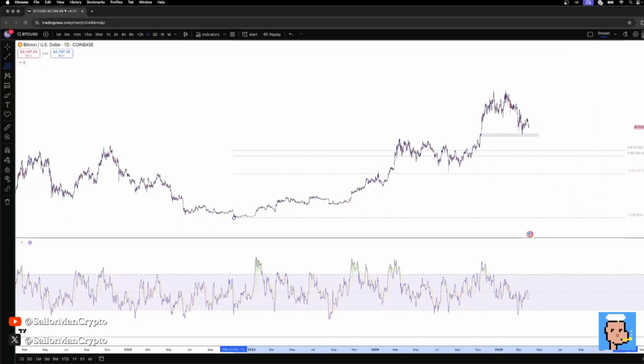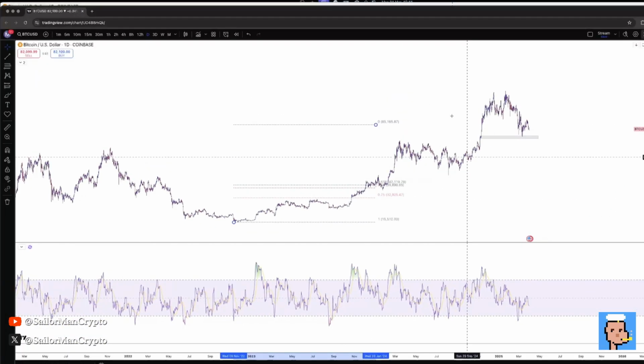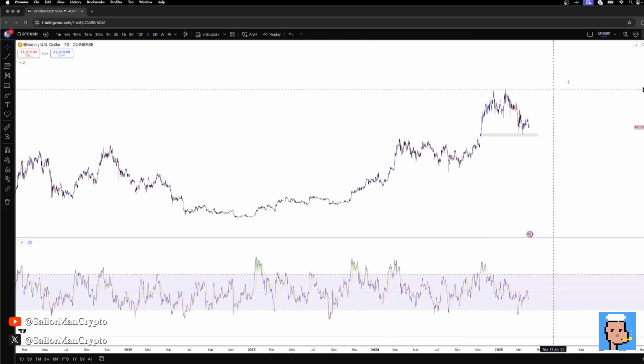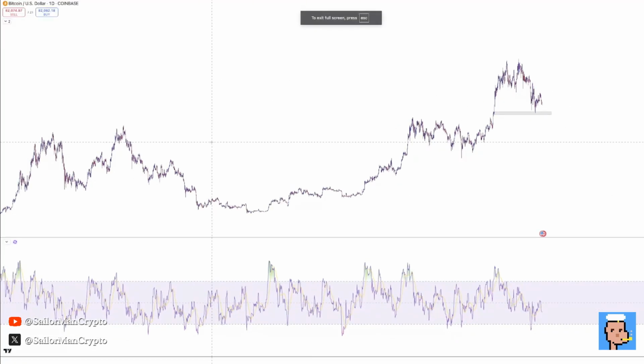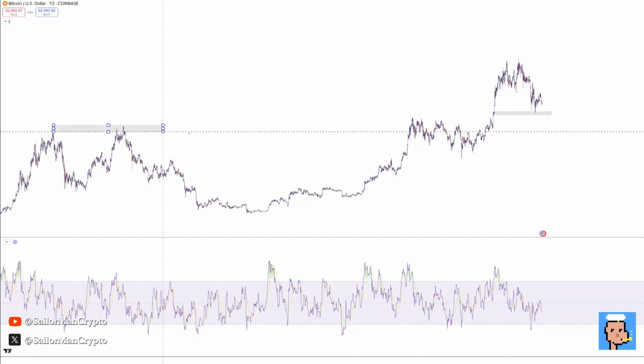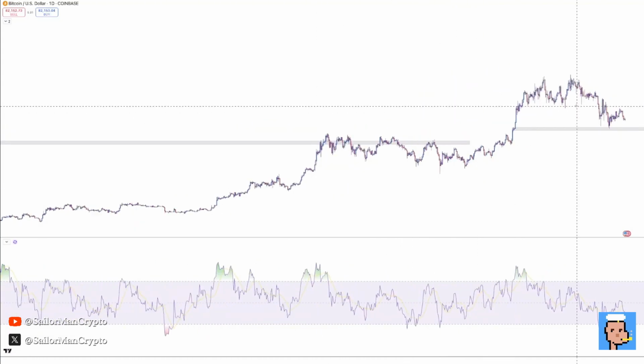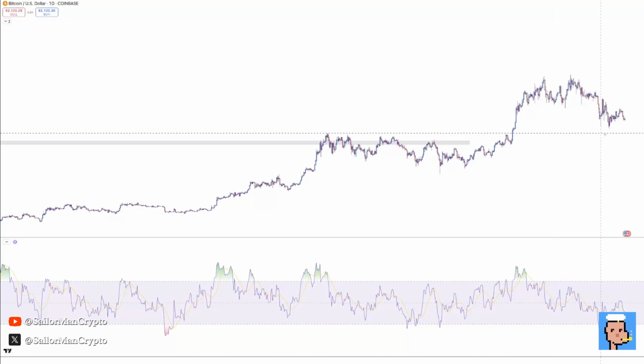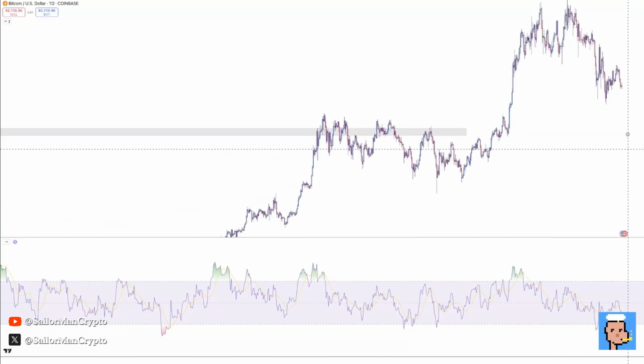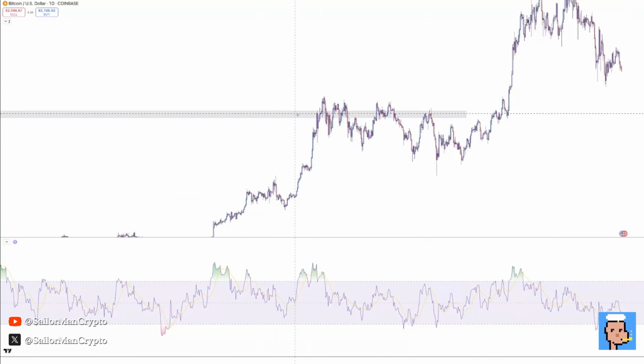Let's say that we want to use this support and resistance level that was more or less here at all-time high. So we know that this is potentially a support level. So this level is for us a potentially interesting level for a trend reversal.